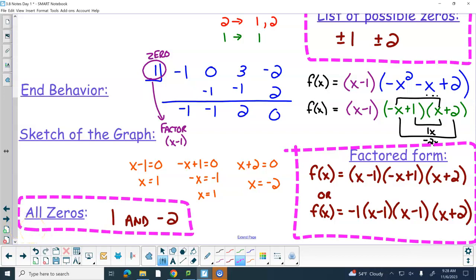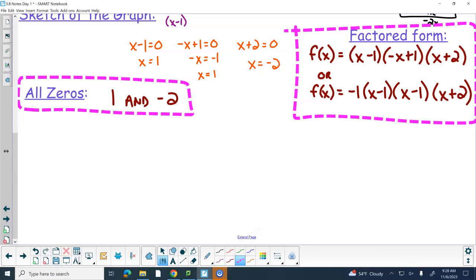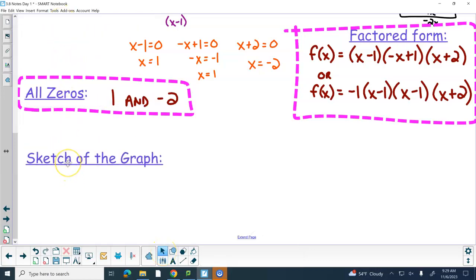Now, what do those zeros truly mean? If I were to sketch this graph, what do those zeros truly mean? It's where it crosses the x-axis, right? Okay. So since positive 1 was a double and negative 2 was 1, okay?